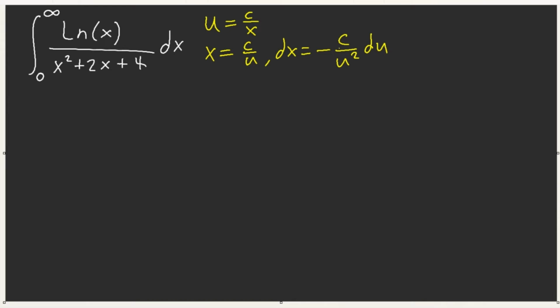I recommend you write it like this rather than the du, because you'll accidentally divide c, but it's actually multiplying. You're multiplying c, not dividing c. That's the biggest mistake people make when doing constant finding with inversion.